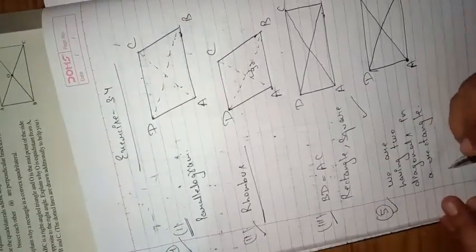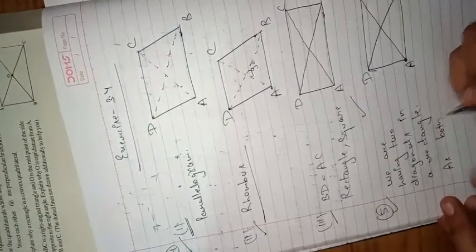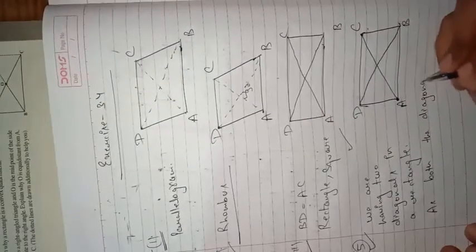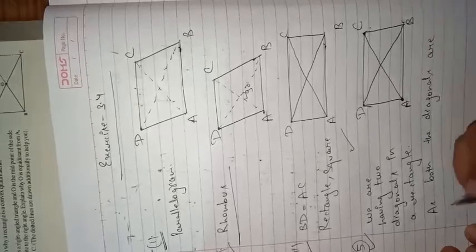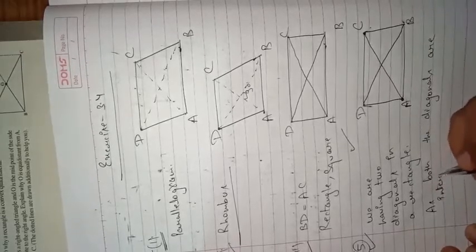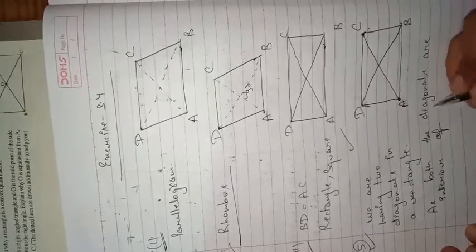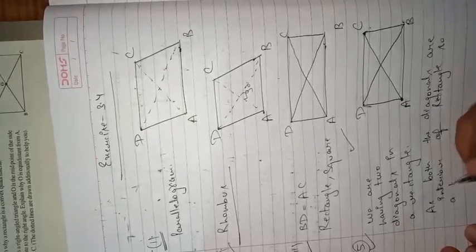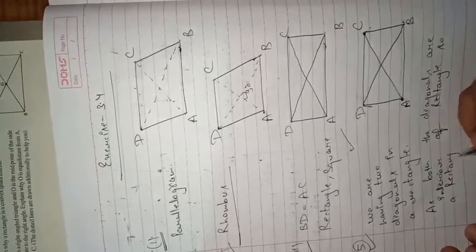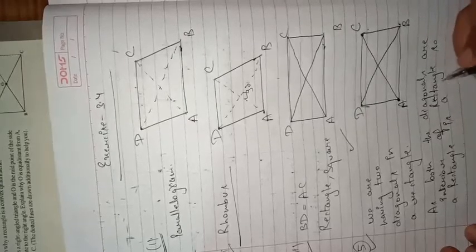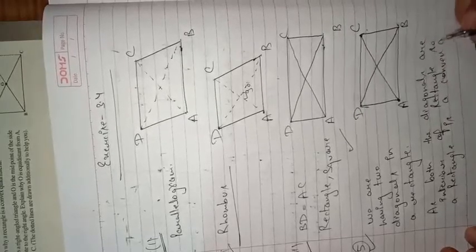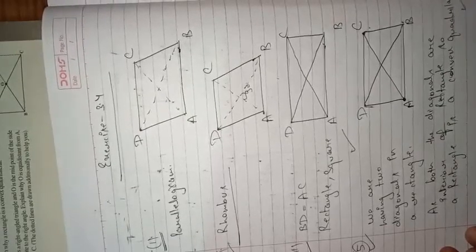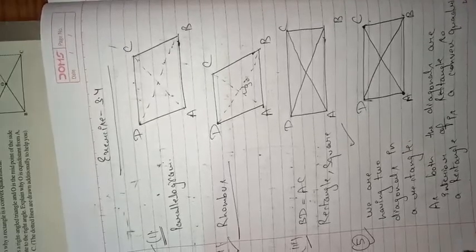So we will write: both the diagonals are interior to the rectangle. So a rectangle is a convex quadrilateral. That is the condition for a convex quadrilateral, the diagonals should be interior, and this holds in the case of a rectangle. So a rectangle is a convex quadrilateral. I hope you understood this.